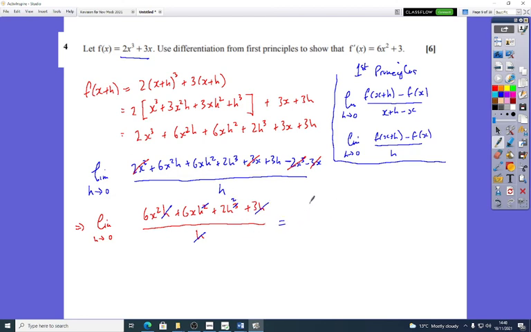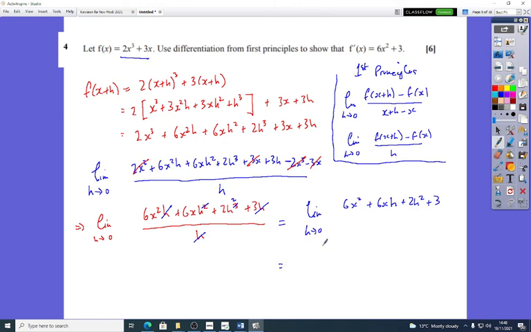So that's going to end up as the limit as h goes to 0 of 6x squared plus 6x h plus 2h squared plus 3.